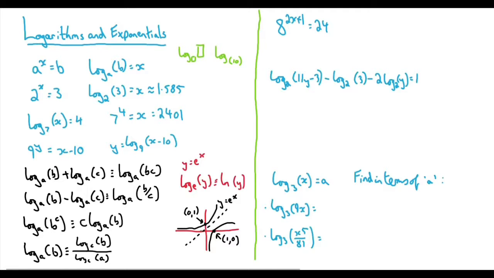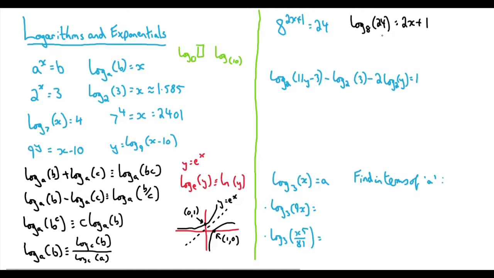On to examples of how to properly solve these logarithms though. If at first we had 8 to the power of 2x plus 1 equals 24, we want to solve for the power, so we want to bring the power down. With that in mind then, we will take a log of base 8 of 24, and that will equal the 2x plus 1.